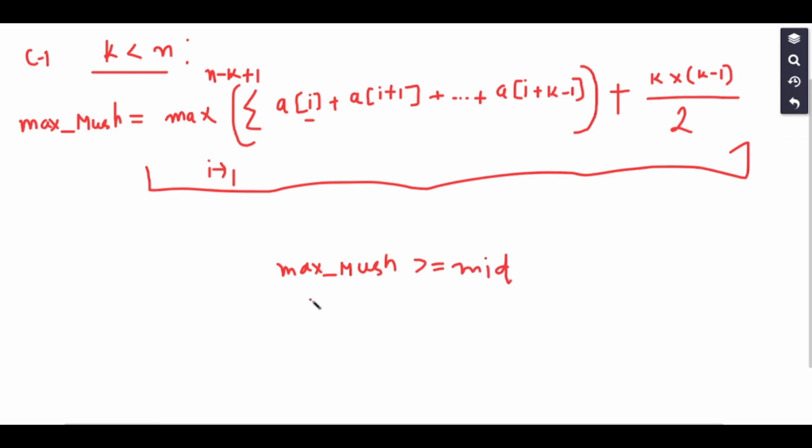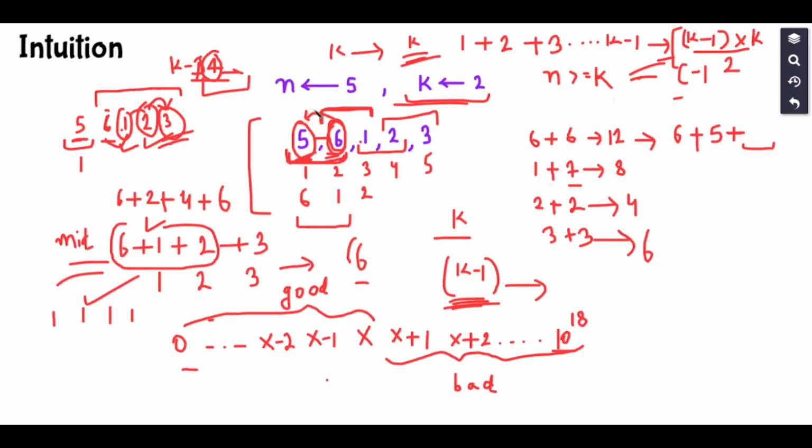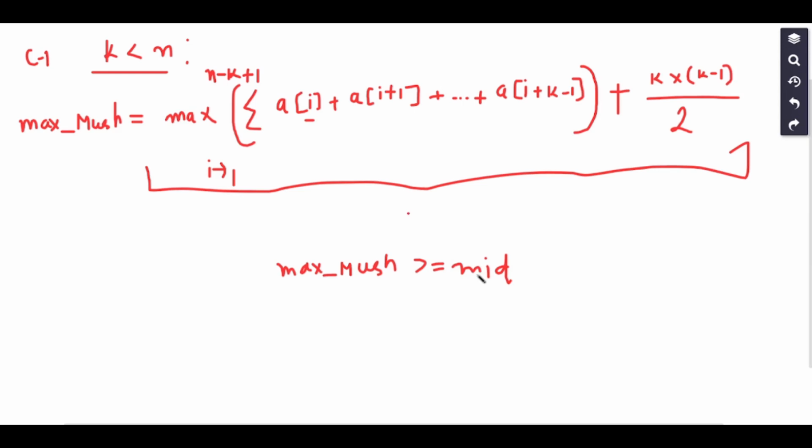This indicates that this mid lies on the good side, because I can achieve this mid as a sum. So that's how I would handle case number 1.